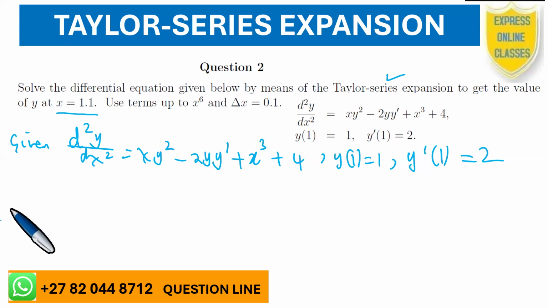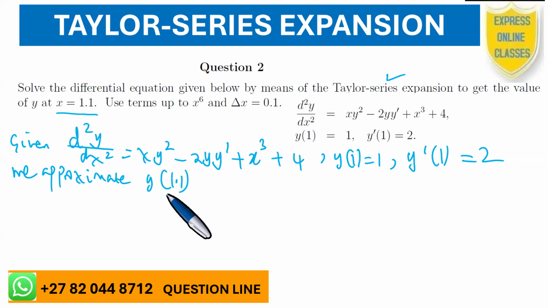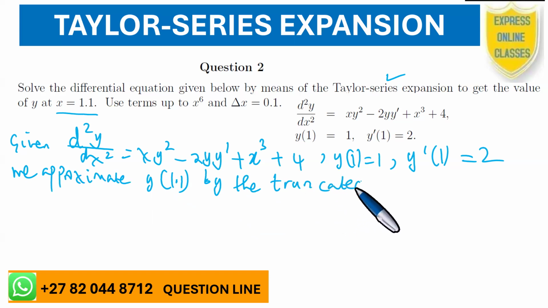So what we then do is we approximate y at 1.1 by the truncated Taylor series.